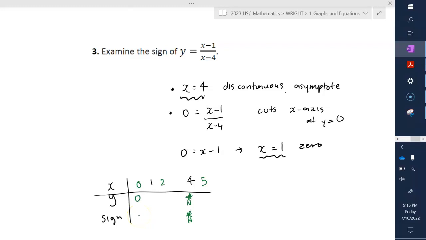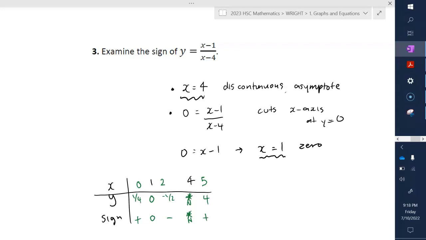Sorry, I'm really having a shocker here at the moment, I'm putting it in the wrong spot. And there we go. It's nothing there, and our sign is nothing. There's no sign. It's on the axis. So we need to pop in 0 and 2 and 5 one by one to get our y values. And those values end up being 1/4, minus 1/2, and 4. So 1/4 is positive, minus 1/2 is negative, and 4 is positive.